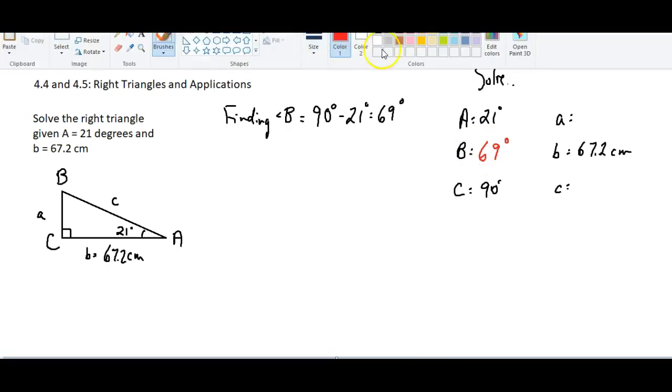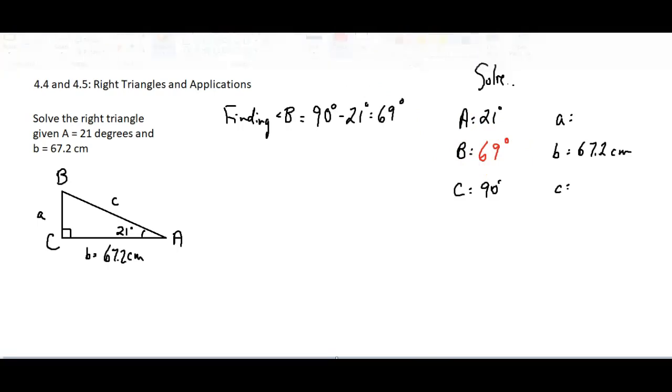Okay. In a different color, I'm going to work on one of the other sides we need. So let's do solving for side A, for example. We know that side A is opposite angle A. So we do have an opposite side that we're looking for with respect to an angle that we know.